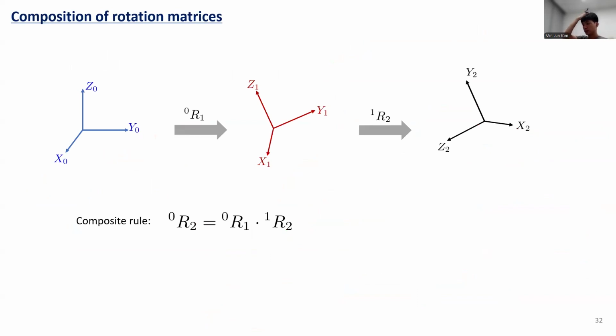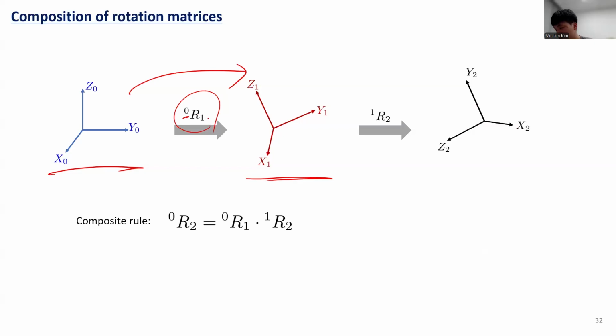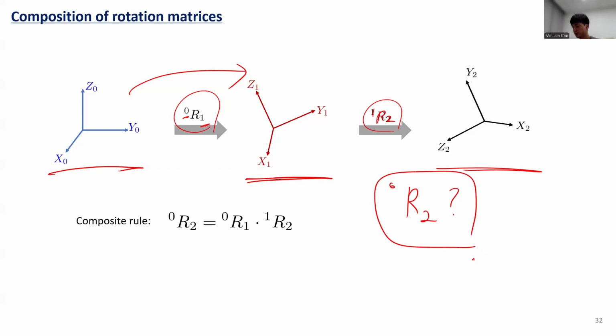So we can actually multiply rotation matrices, or compose rotation matrices. Here's the first frame and second frame. From frame 0 to frame 1, let's say we have a rotation matrix R0 to 1. And here's the first frame and second frame, and here's another rotation matrix, the rotation from 1 to 2. Then what is the rotation from 0 to 2? That's the question.